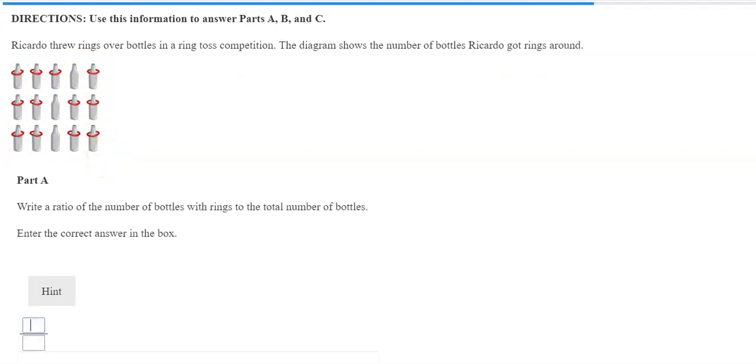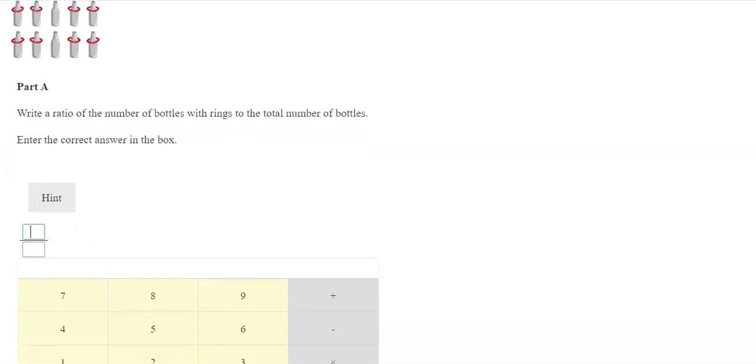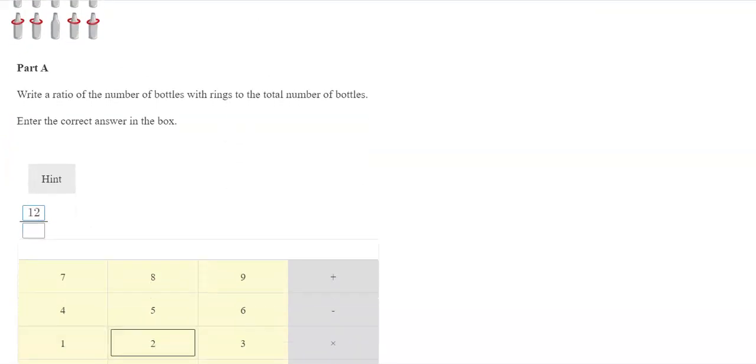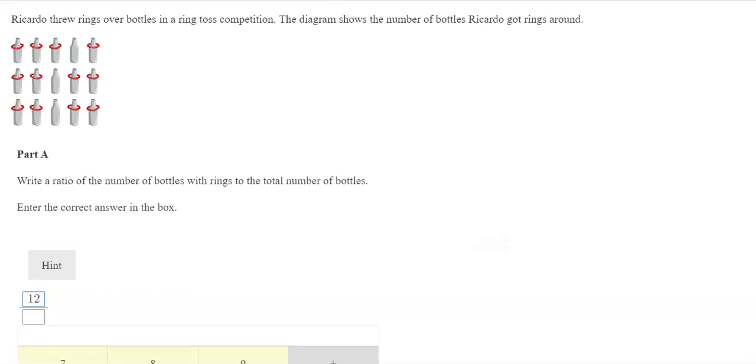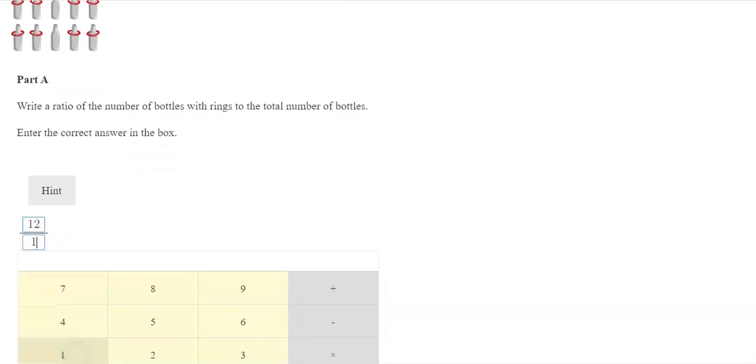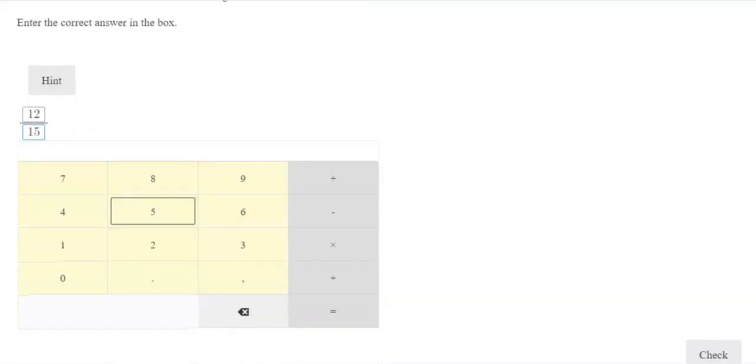So I know the 12 is going to go first because it asked for the bottles with rings first. And then the total number of bottles. 5, 10, 15. So 12 over 15. We got the 12 because that's the amount of bottles that have rings on it, and the 15 because that's the total number and that's what it told us to do.